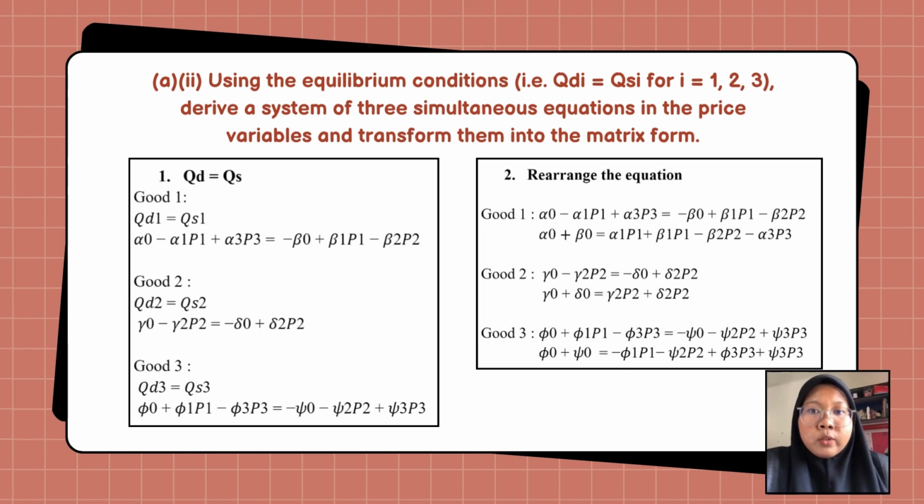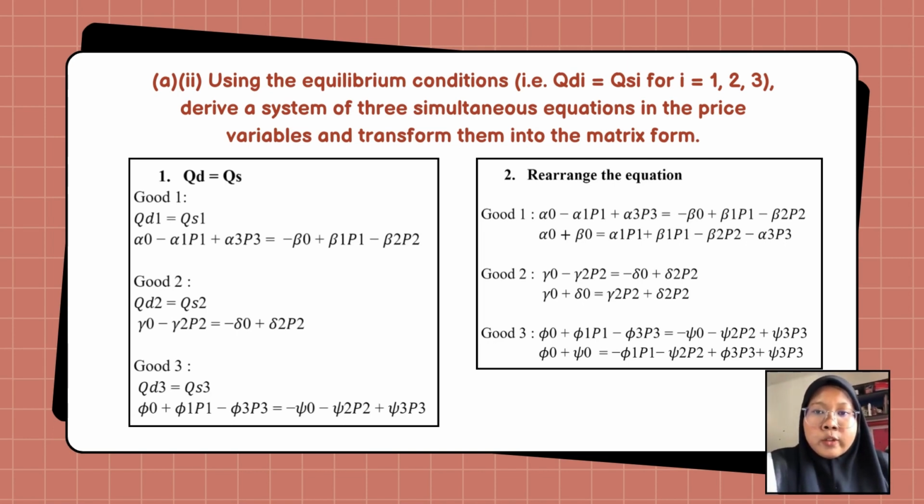The equation for good 1 is QD1 equal to QS1. We can arrange it as alpha 0 minus alpha 1 P1 plus alpha 3 P3 equal to negative beta 0 plus beta 1 P1 minus beta 2 P2.